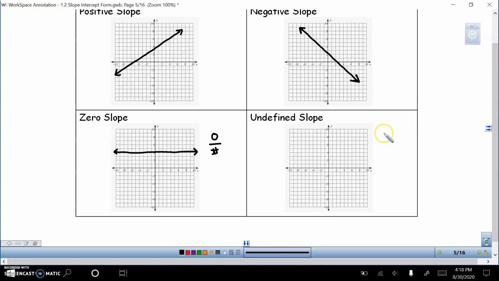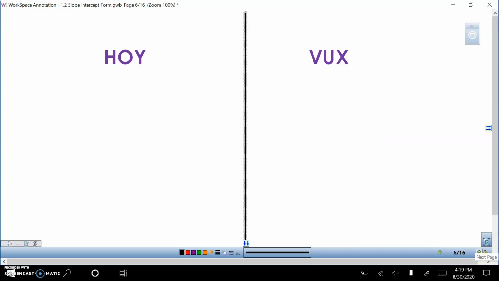And then undefined slope, we saw that in our last example when we had a number on top and 0 on bottom, meaning it's all rise, no run. That means that line is just going to go up and down for a vertical line. Now, that can be a little difficult to remember, so I have a little trick to help you out. HOY, VUX.